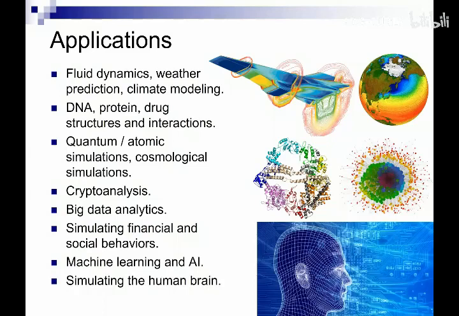Okay, so the current algorithms that we have for machine learning are not really doing anything intelligent. Basically, they're just finding patterns in the data. So one of the main goals for science is to be able to actually understand how to create a truly intelligent system. Right? And so one way to do that is, the only example that we have of a truly intelligent system is the human brain.